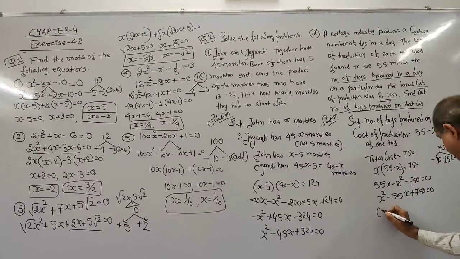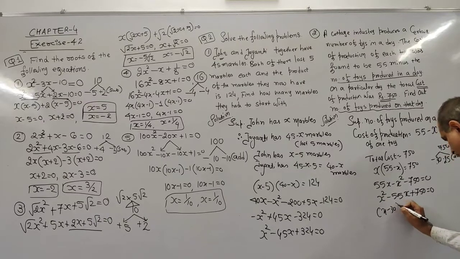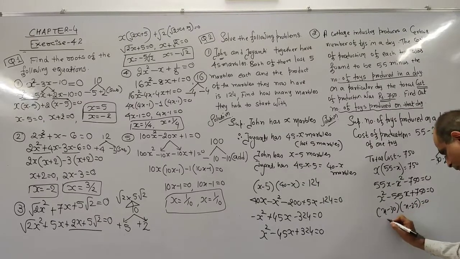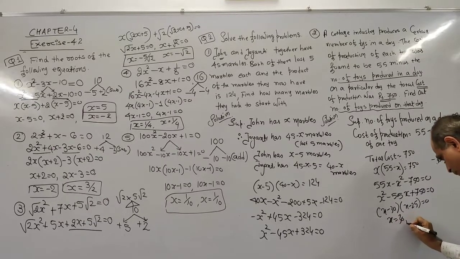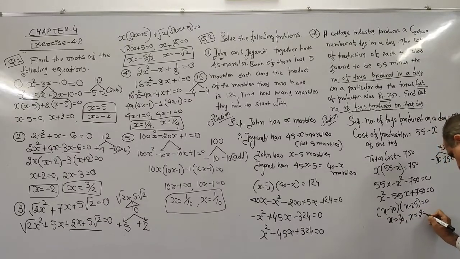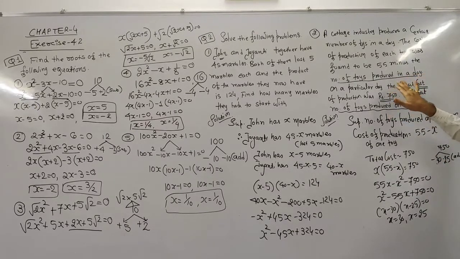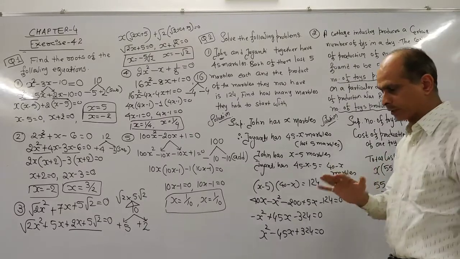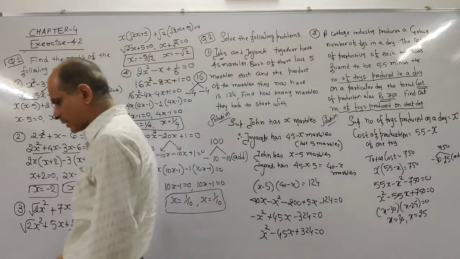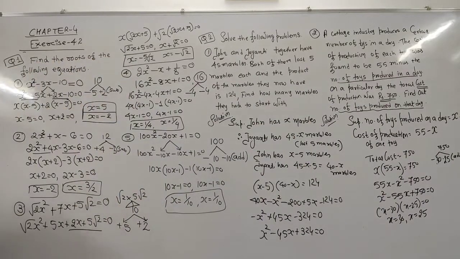So the answer is x minus 30, x minus 25 is equal to 0. Therefore x is equal to 30, x is equal to 25. So your final answer is x is equal to 30 or x is equal to 25.